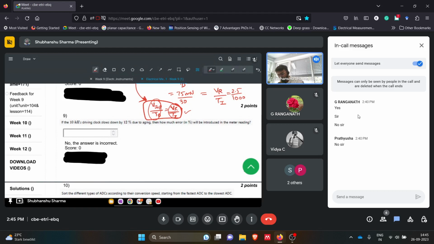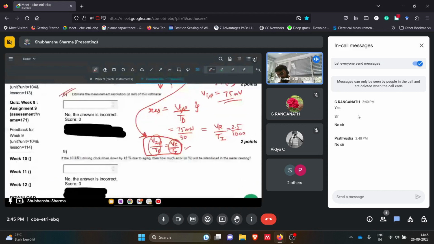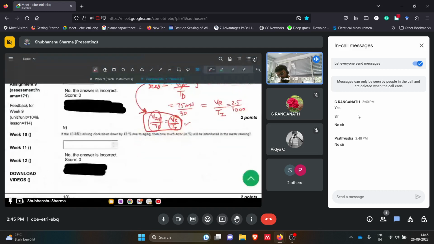If you observe this formula carefully again, what I wrote there was Vin into Ti equals Vr into Td. So basically these are the number of clock cycles.